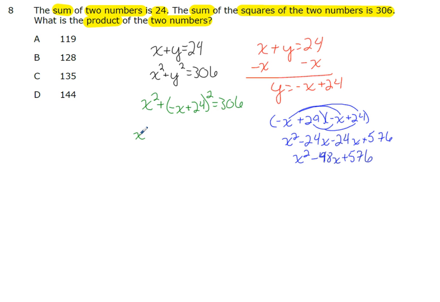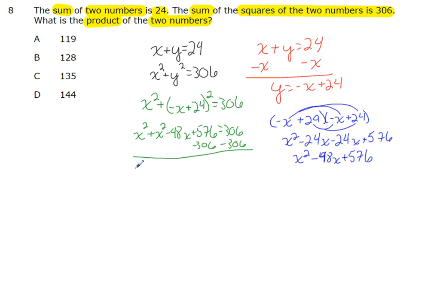So I get x squared plus x squared minus 48x plus 576 is equal to 306. Now I'm going to subtract 306 from both sides to get this quadratic equal to 0, and at the same time combine like terms over here. I'm just combining two steps: combining like terms and getting it equal to 0 into one step.